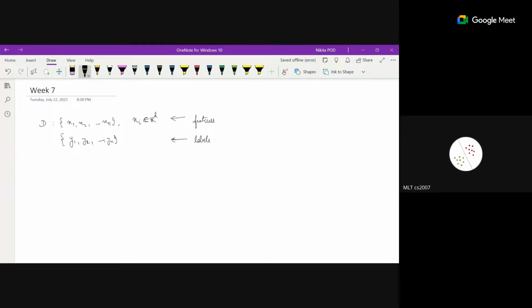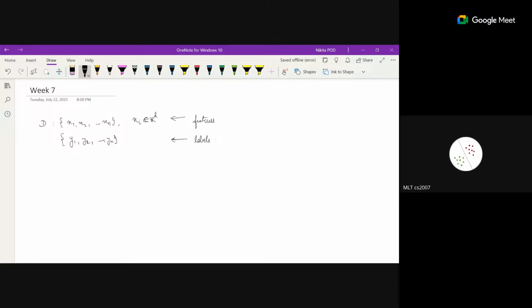these yi's are the labels. If these yi's belong to R, I knew that was a regression problem. But from week 7 onward, we are going to talk about the classification problem, where these yi's take discrete values.